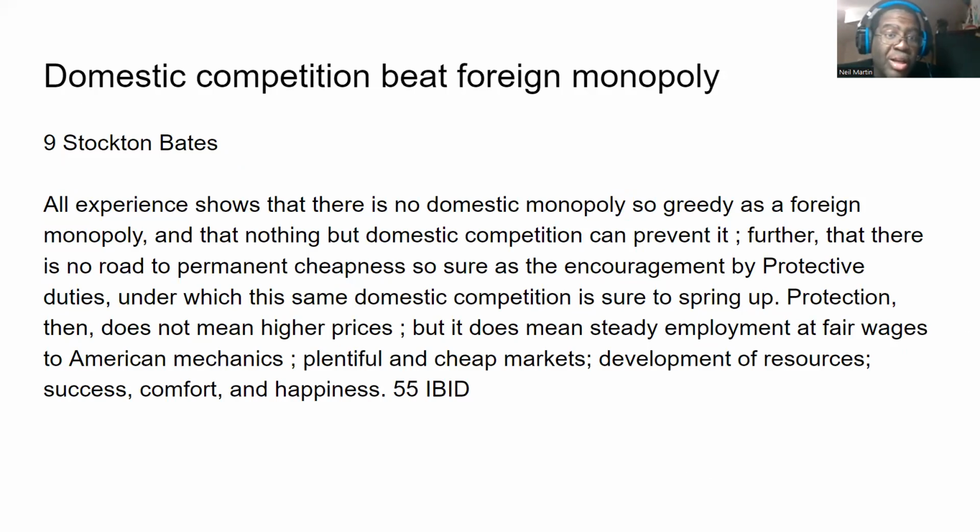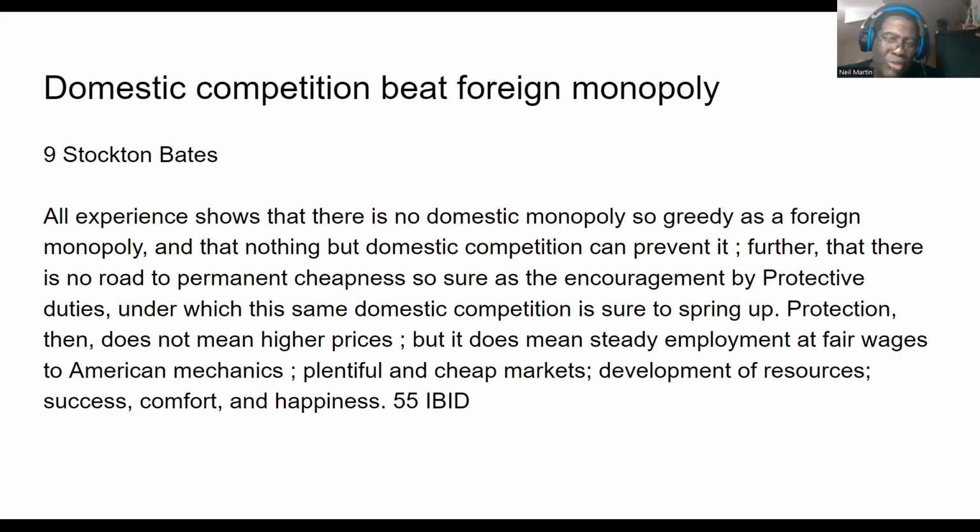Okay, domestic competition beats foreign monopoly. So this guy, Stockton Bates, I have no information on him, but what he says is pretty powerful about domestic competition and foreign monopoly. All experience shows that there is no domestic monopoly so greedy as a foreign monopoly, and that nothing but domestic competition can prevent it.